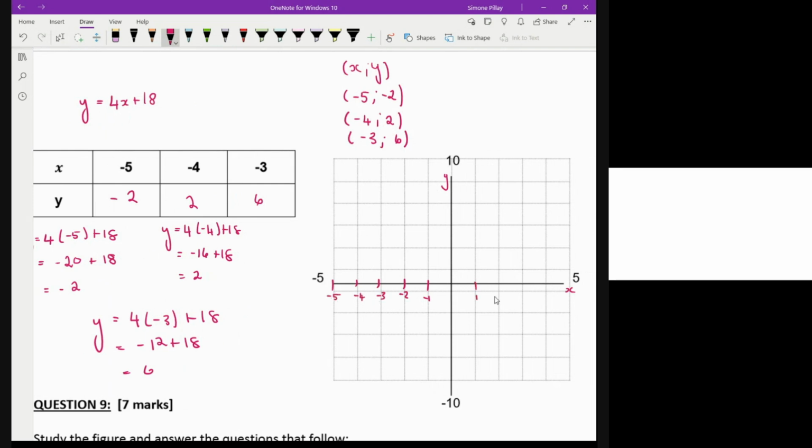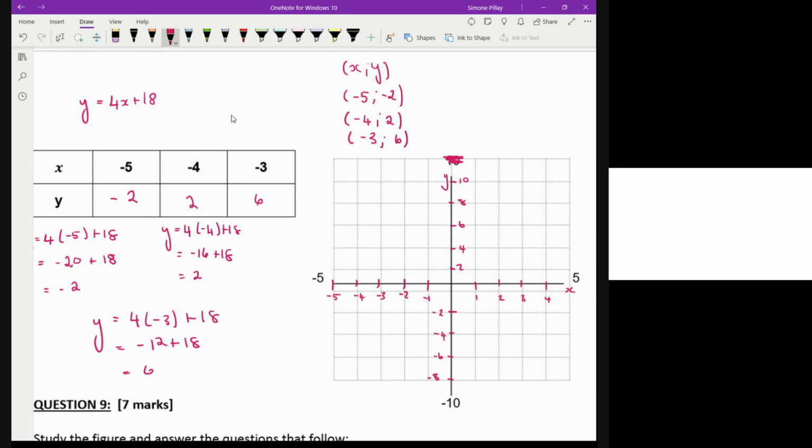This is probably going to go in twos. So this is going to be +2, +4, +6, +8, and +10. You can see they placed this a little bit skew on the grid, but we'll leave it. This is now going to be -2, -4, -6, -8, and -10 down there.